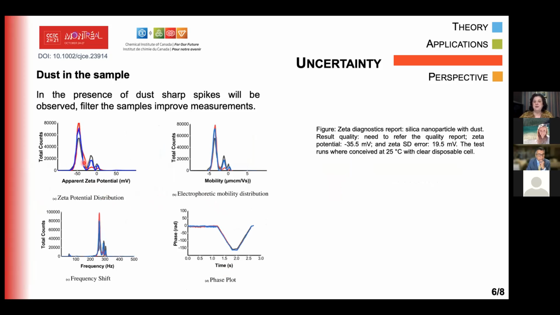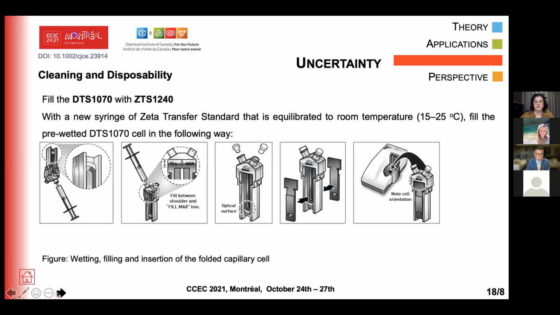A sharp peak means that we have dust or something that is not good for your sample. One way to avoid this is to work in a clean space. And if you have doubts about your results, you can filter your sample to make sure you are removing this dust from the sample.